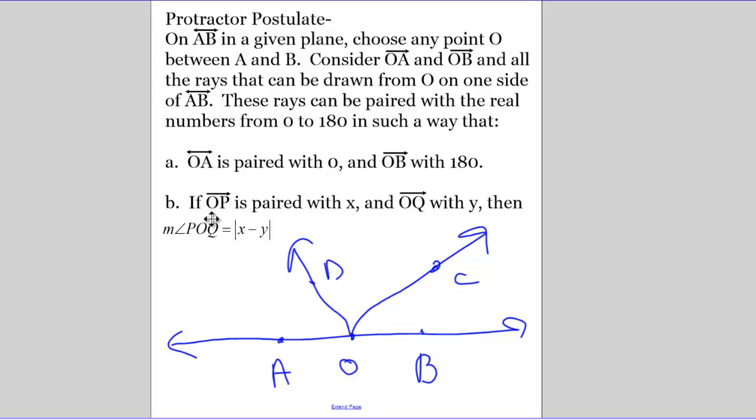If OP is paired with X, let's adjust our letters here a little bit, since I talked about OP and OX, or OQ. So this is the value of X on our protractor. This is the value of Y on our protractor. We can find this angle measure by subtracting X from Y or Y from X and taking the absolute value, just as we did on a number line.